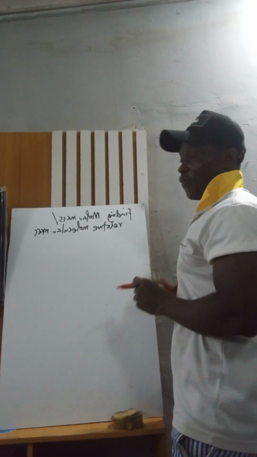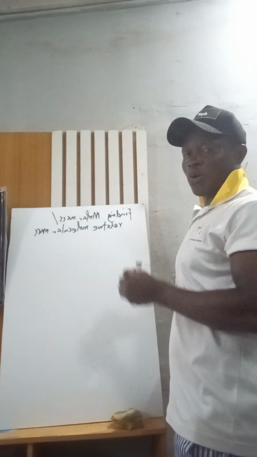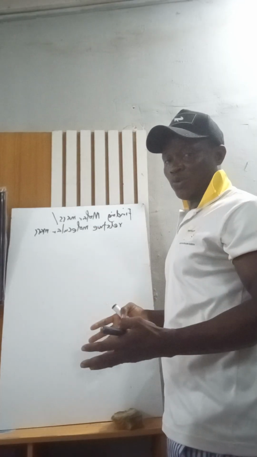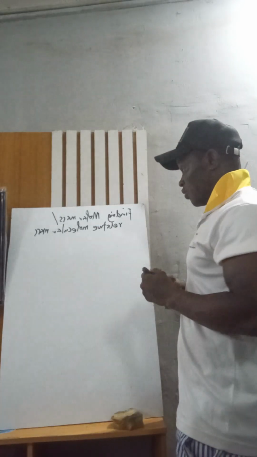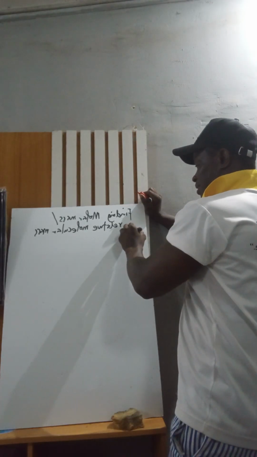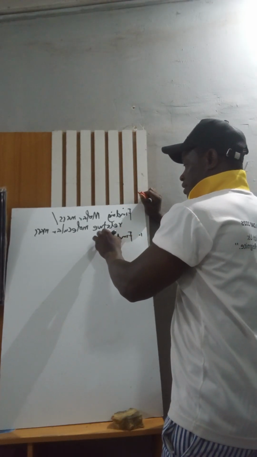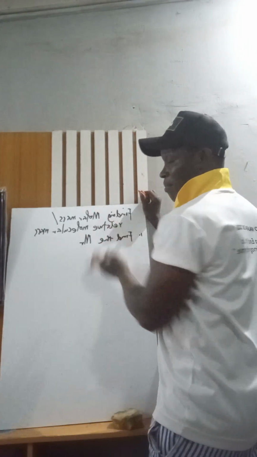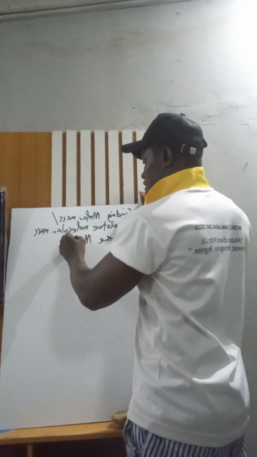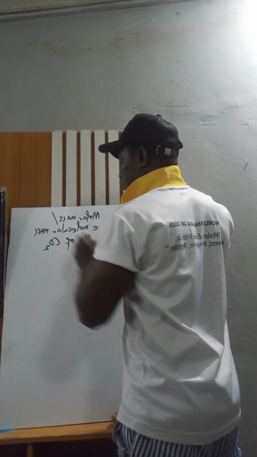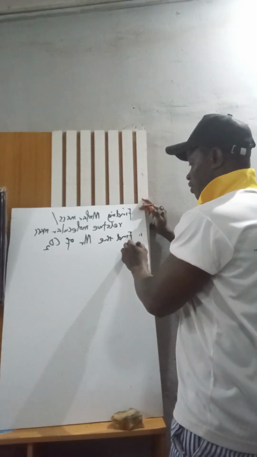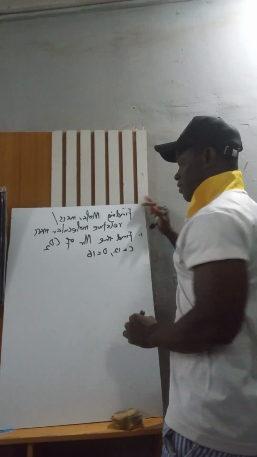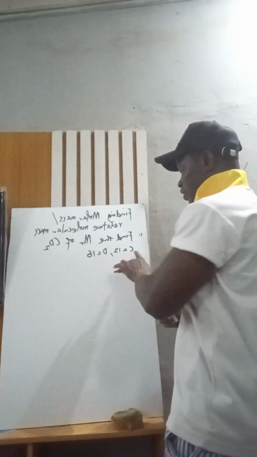Now, how do we look for it? All you need to do is sum up all the individual atomic masses given to you in a question. Number one: find the molar mass, MR, of carbon dioxide. You'll be given in the question that carbon is 12 and oxygen is 16. Always, you'll be given this.